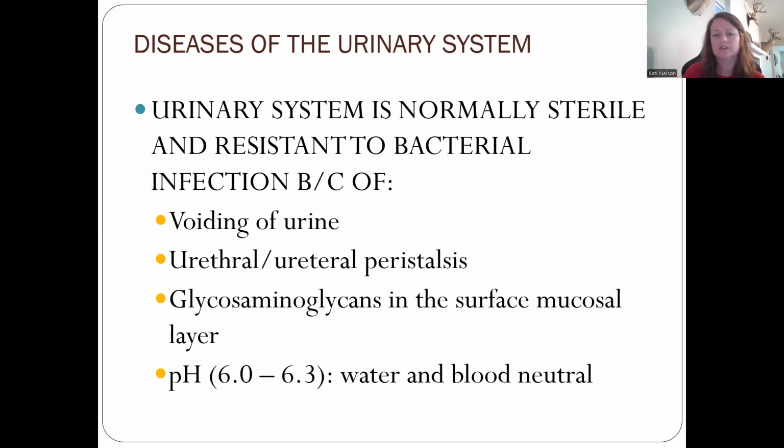So we know that the urinary system is normally sterile and resistant to bacterial infections because of voiding urine, and urethral and ureteral peristalsis, right? The glycosaminoglycans on the surface layer of the bladder, it's actually a protein that helps protect it from inflammation to an extent.